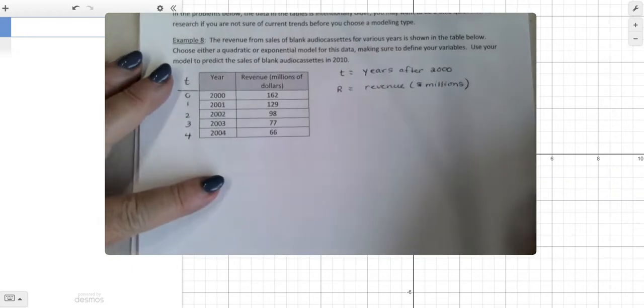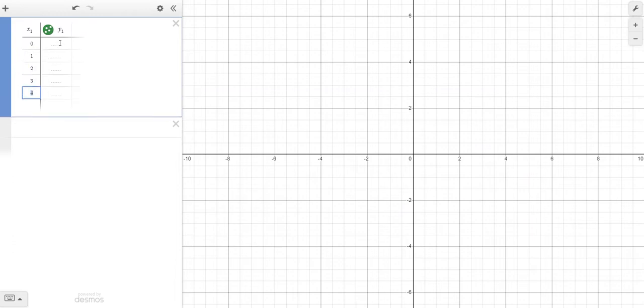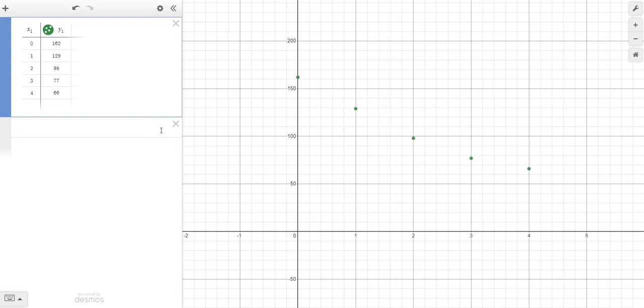So we're going to put that data in, and let's see what it looks like. There we go. All right, so I could see this as the beginning of an exponential decay function, right?